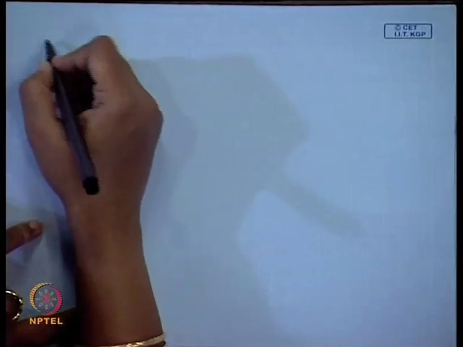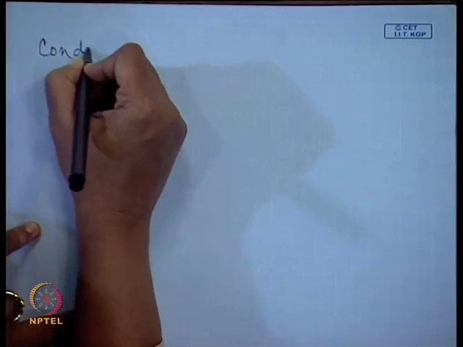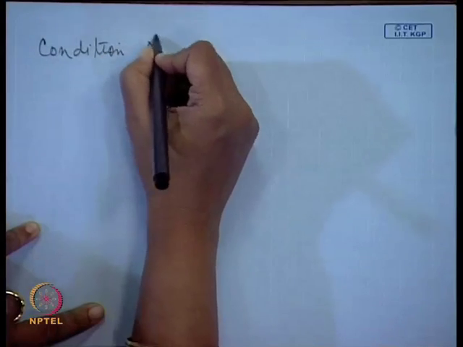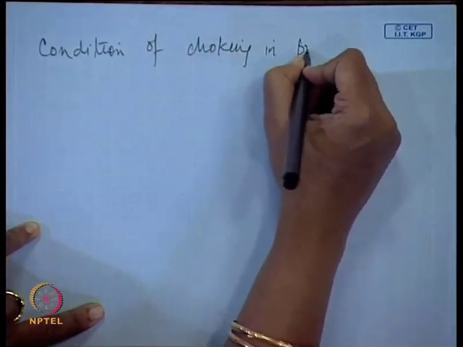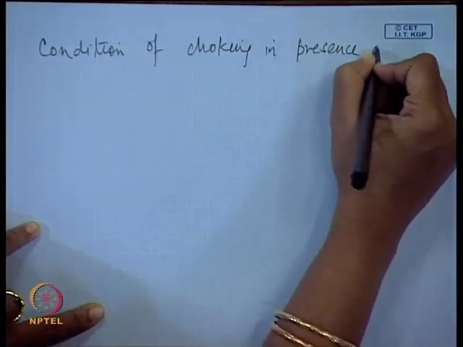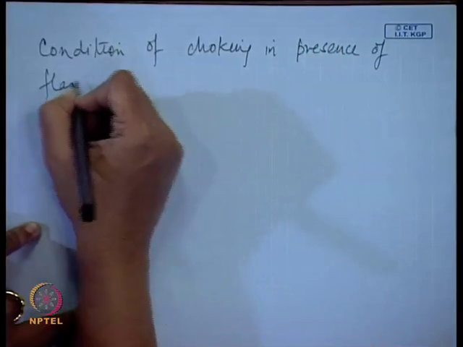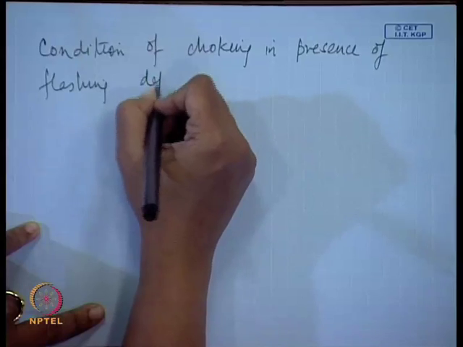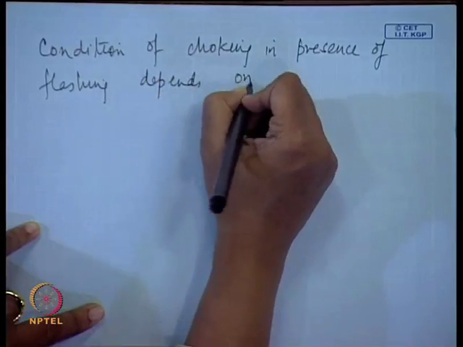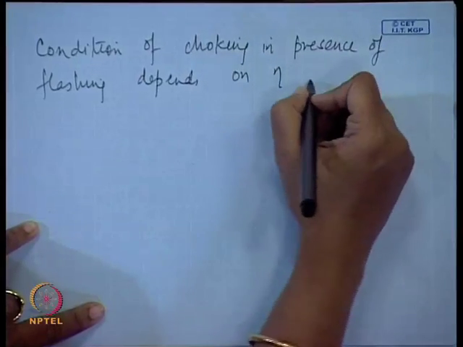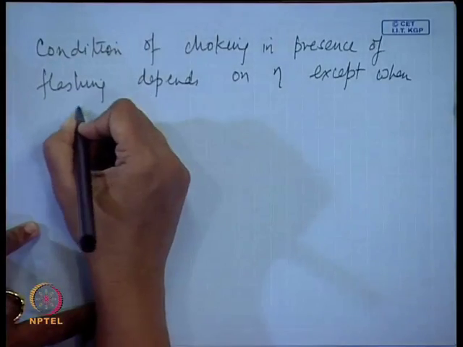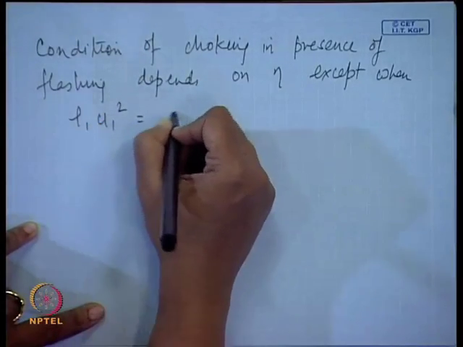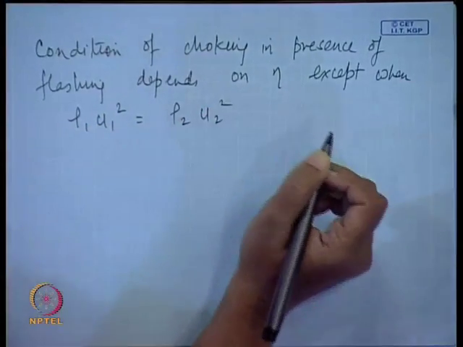So, therefore, just remember this thing: condition of choking in presence of flashing depends on eta, except when rho 1 U1 square equals rho 2 U2 square.